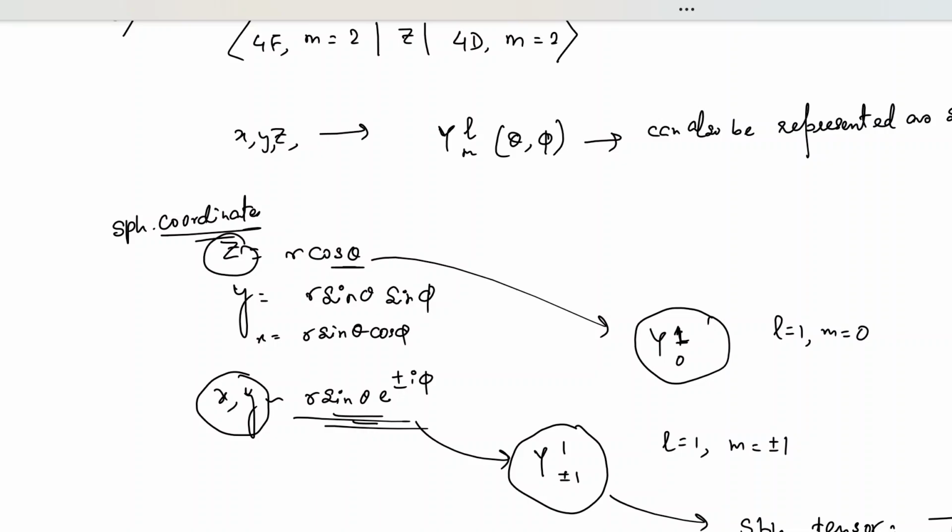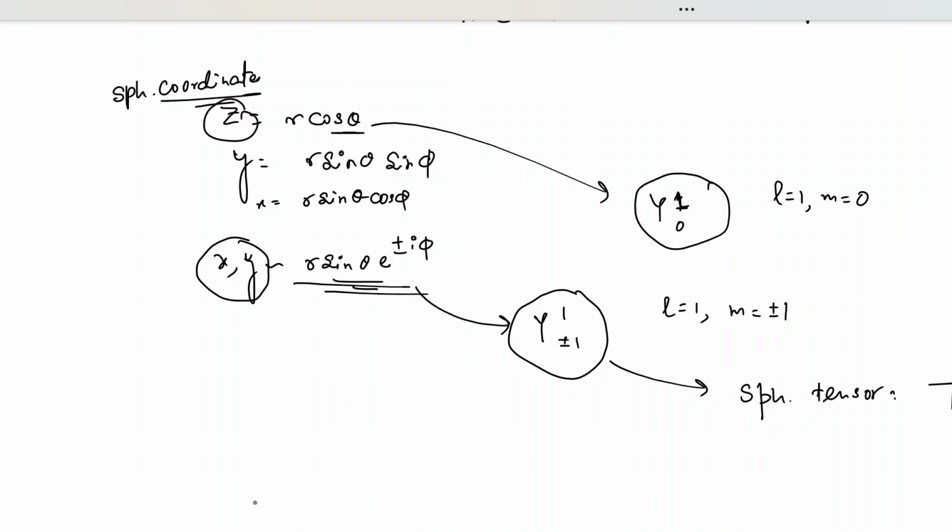Okay, so the first form that we wrote down, given in the question, is 4f m equal to 2, z, 4d m equal to 2. Now here 4f means SPDF, so L equal to 0, 1, 2, 3. So here L equal to 3, M equal to 2, and then z, and then D is S, P, D, so L equal to 2, M equal to 2.